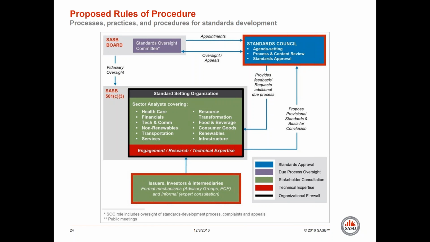However, they will also have accountability to the Standards Oversight Committee, which will be a committee of the SASB board, and have responsibility for investigating any claims of where we did not follow due process in the standards development process or otherwise failed to meet our obligations under the process that we are putting forth.